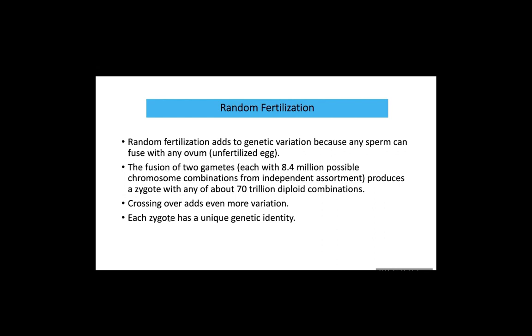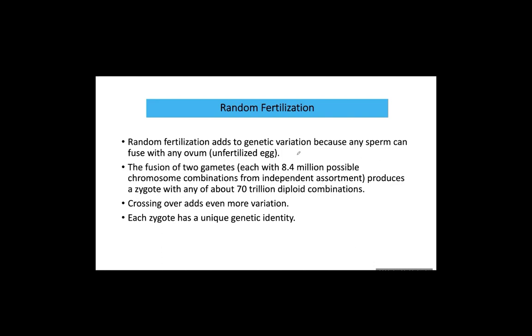Also, random fertilization adds to genetic variability because any sperm can fuse with any oocyte. The fusion of two gametes, each with 8 million possible chromosome combinations from independent assortment. Do you remember?